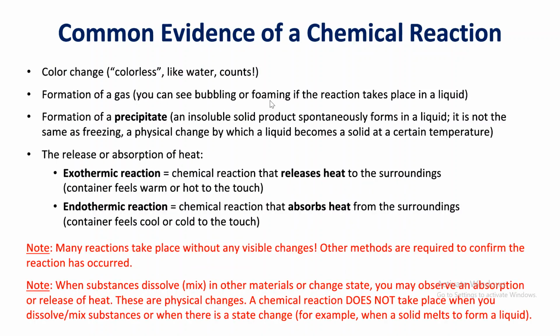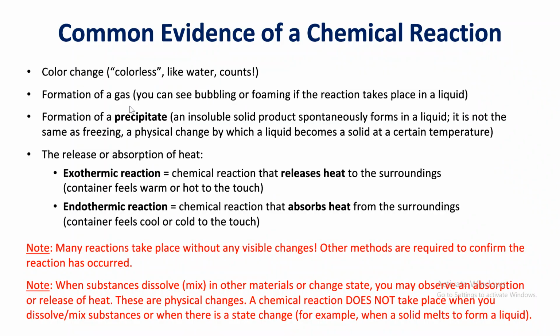Now, these are the evidence that a chemical reaction has occurred. Color change is important. For example, if you cook meat, you're going to notice that the meat changes color because it's a chemical reaction. Colorless, like water, also counts. Sometimes you can get a colorless reaction and it's a chemical reaction, but there's usually a color associated with chemical reactions.